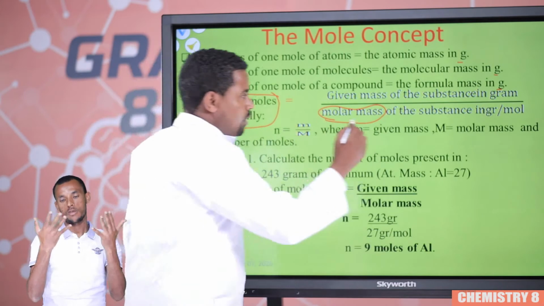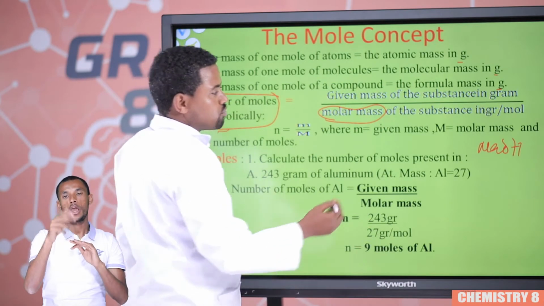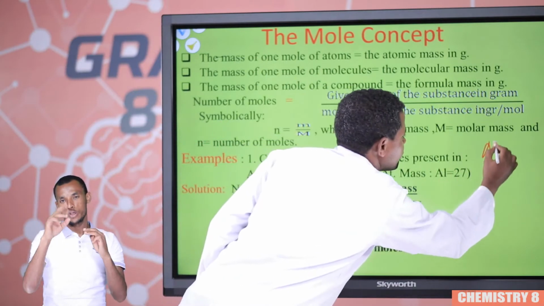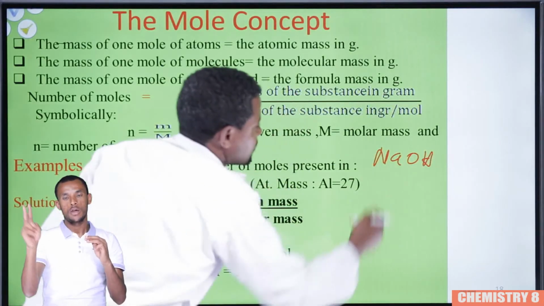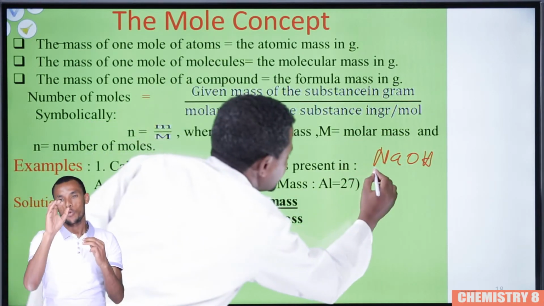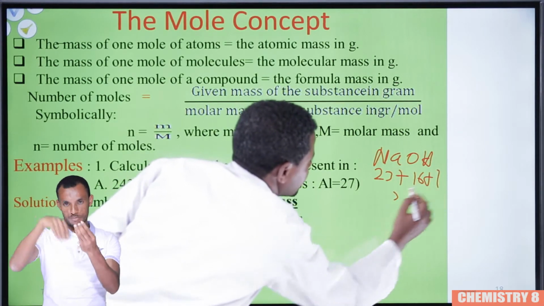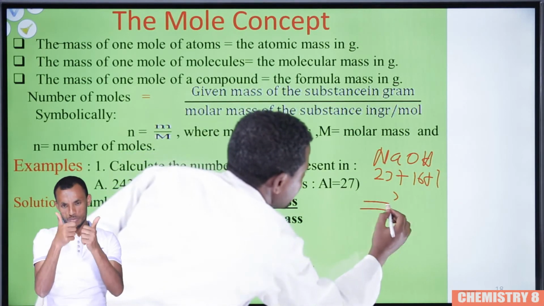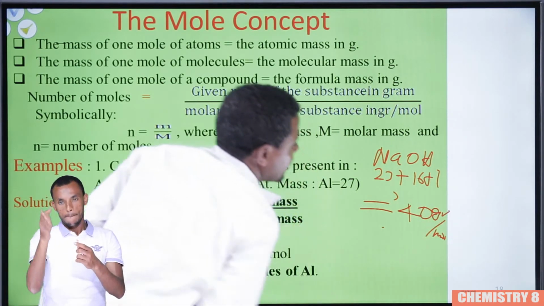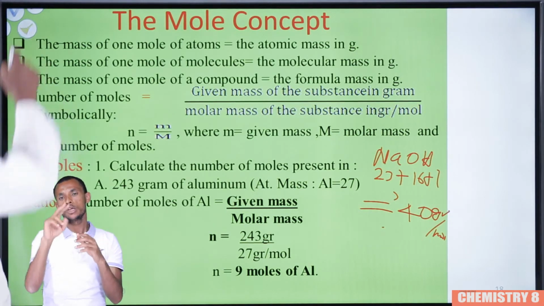For example, what is the molar mass of sodium hydroxide? The molar mass of sodium hydroxide is the sum of the masses of sodium, oxygen and hydrogen, which is 23 plus 16 plus 1, giving us 40 gram per mole for 1 mole of sodium hydroxide.